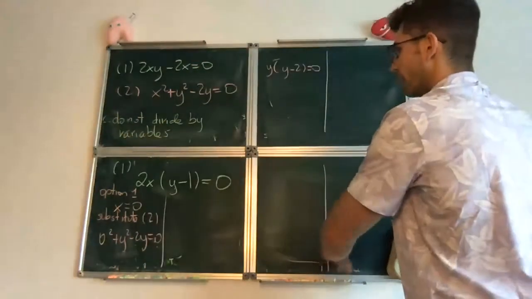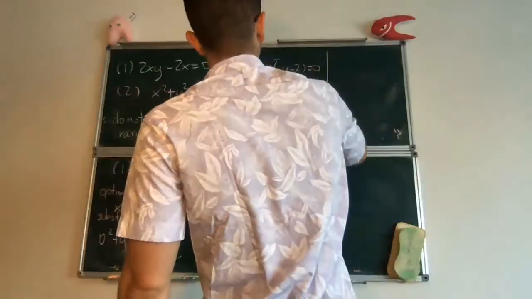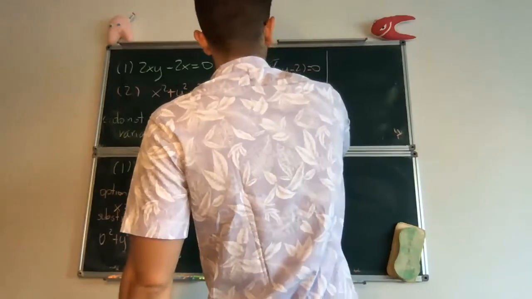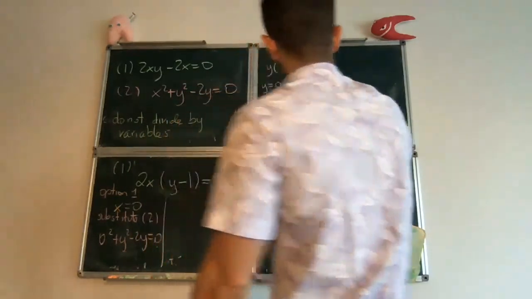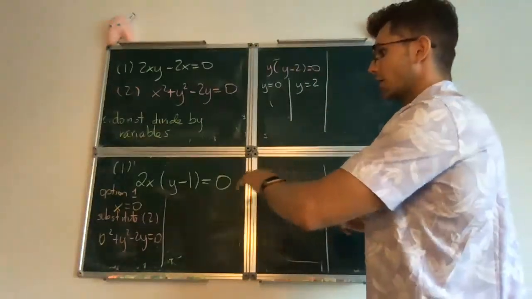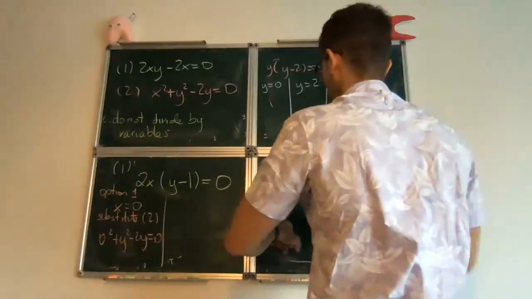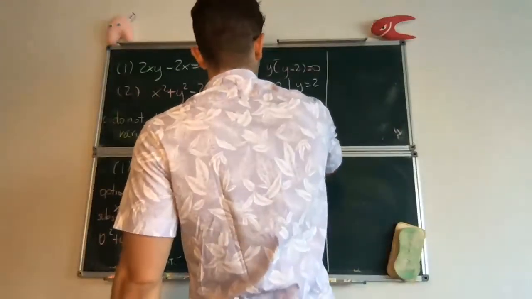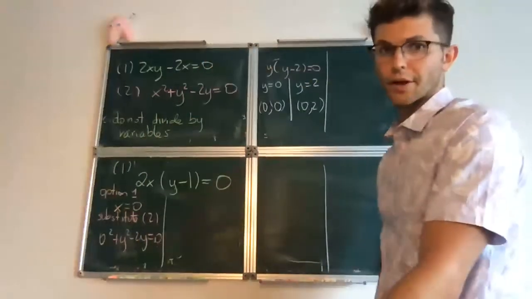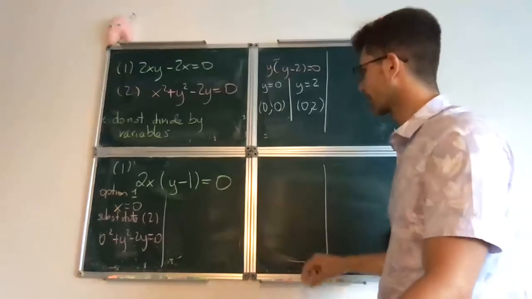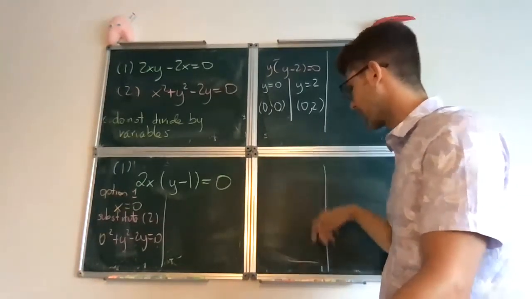And again, this bifurcates into two cases: either y equals 0 or y equals 2. But all of this was within the context of x being equal to 0. So that gives you 2 points, which are 0, 0, and 0, 2. Now, that's the first thing that could happen.